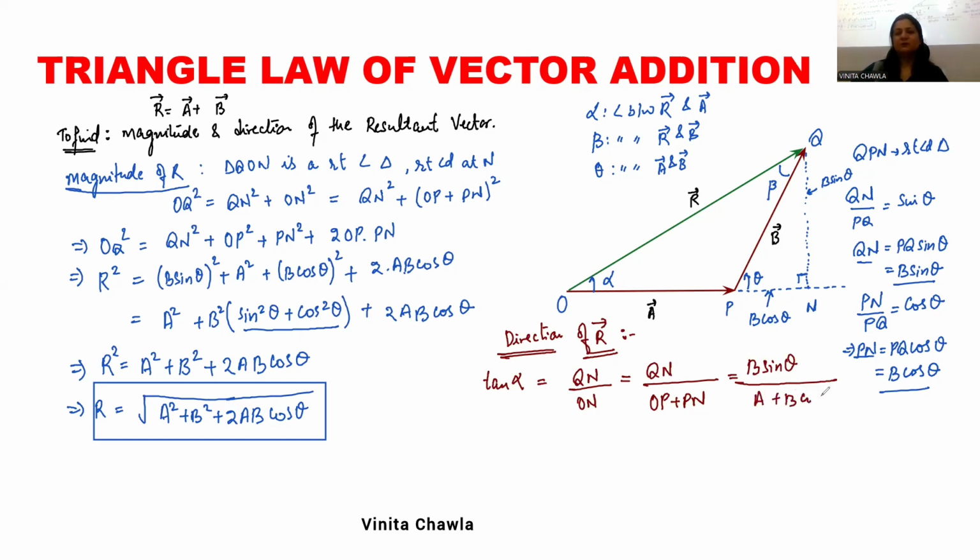So A plus B cos theta. Let's write this again: tan alpha is equal to B sine theta upon A plus B cos theta. And close this in a box. Done.